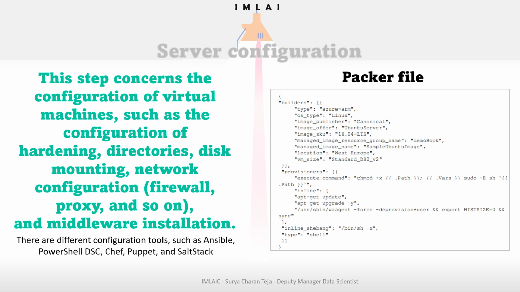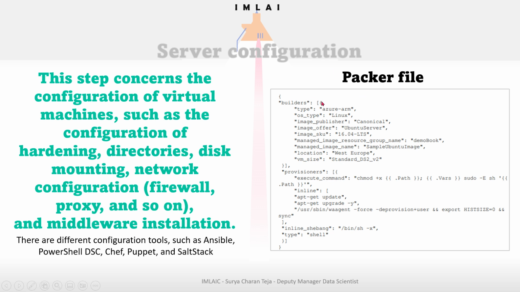live, and then here let's try to understand. You'll see builders are mentioned here, so this script creates a template image for the standard DS2V2 virtual machine based on Ubuntu OS. So the builders section you can see on top here.